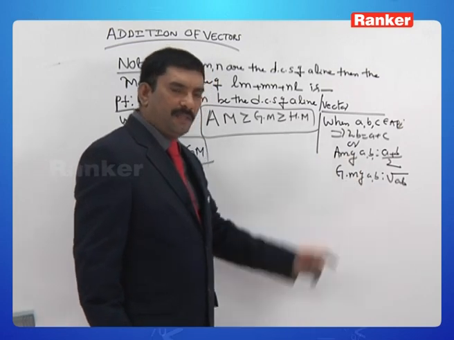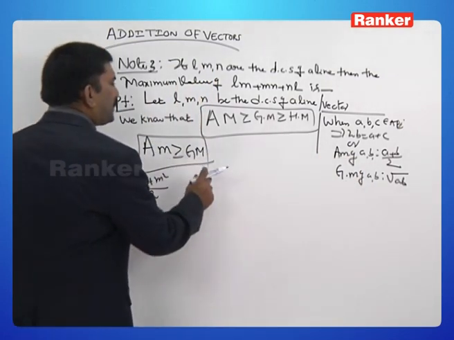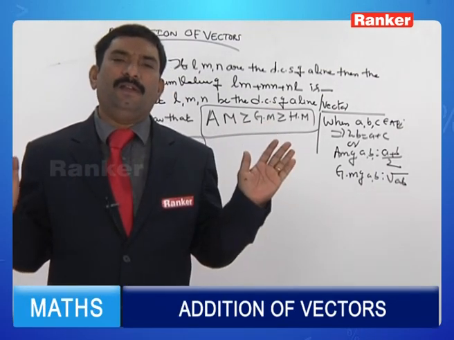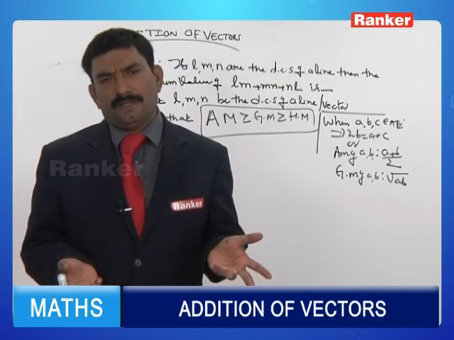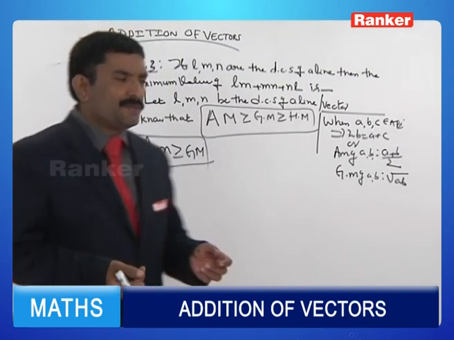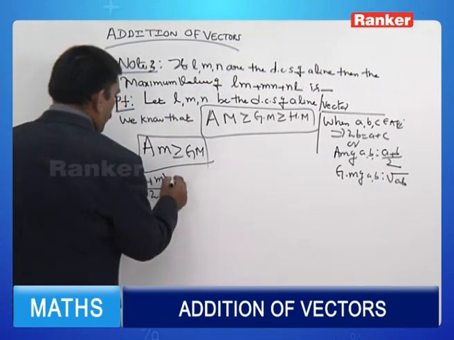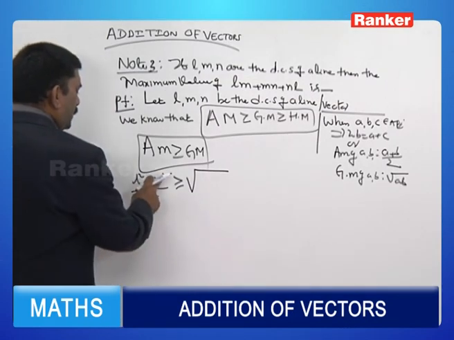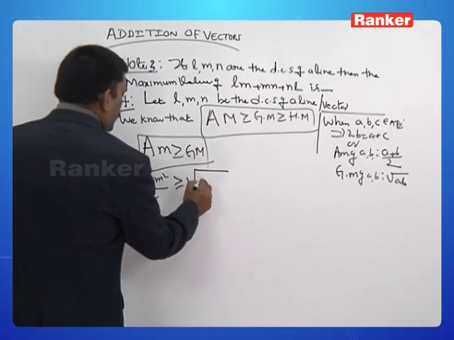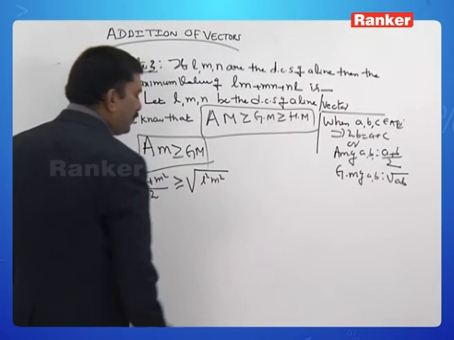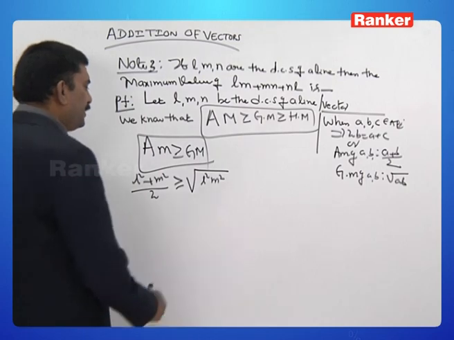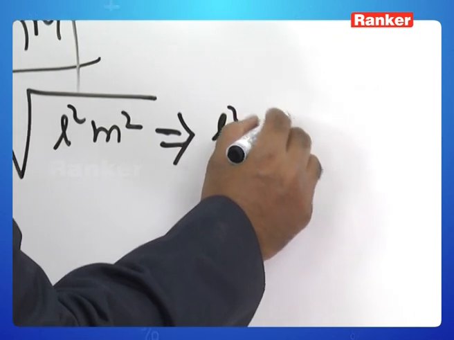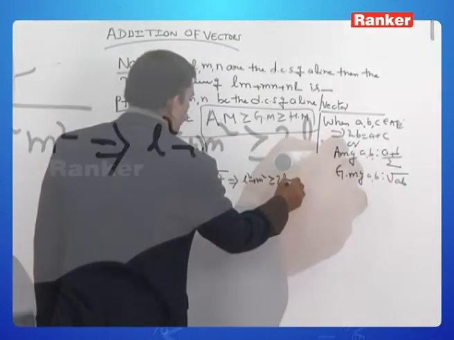Now, I am writing AM and GM, instead of L, M, N, I am going to consider L square, M square. They are also DCs, direction cosines. So (L square plus M square)/2 is greater than or equal to square root of L square M square, which implies L square plus M square is greater than or equal to 2LM.